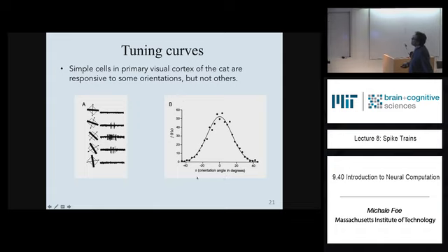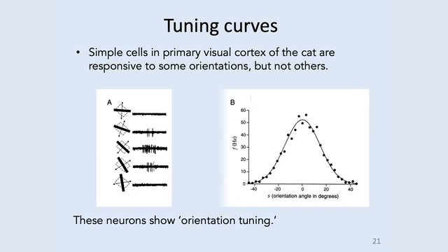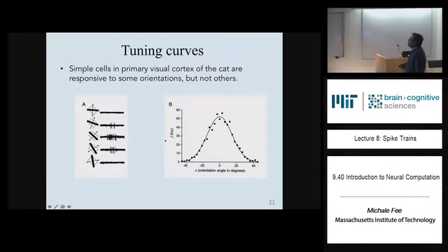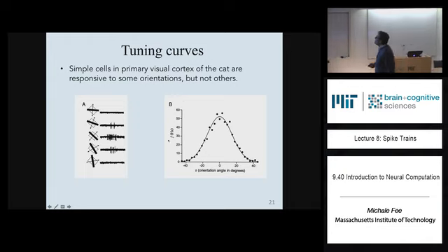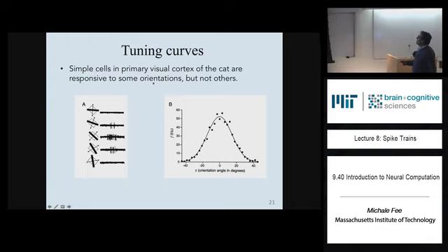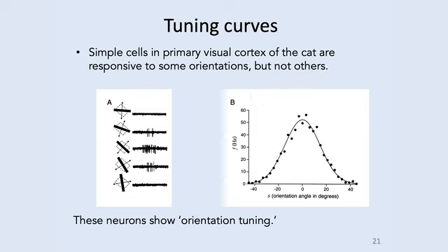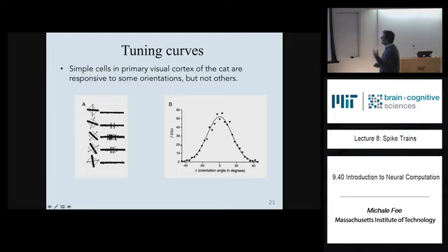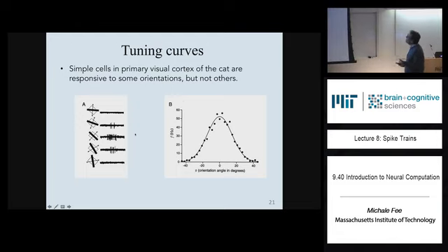Okay, so now let's turn to the question of what we can extract from neural activity by measuring spike trains. One of the simplest properties that we find about cells in the brain is that they usually have a firing rate that depends on something, either a motor behavior or a sensory stimulus.